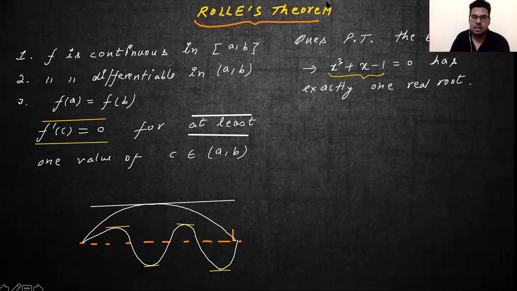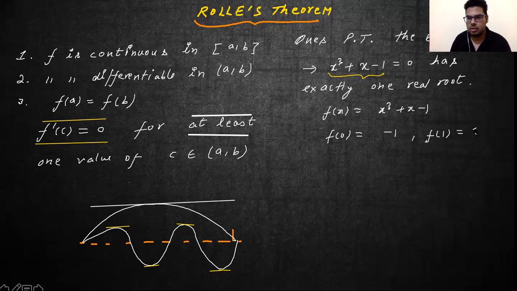And as we have discussed, what we can say is clearly, first of all, this is, let us say, not the derivative, but f of x equals x cube plus x minus 1. Now, clearly, if we try to see, f of 0 is equal to minus 1, f of 1 equals 1.